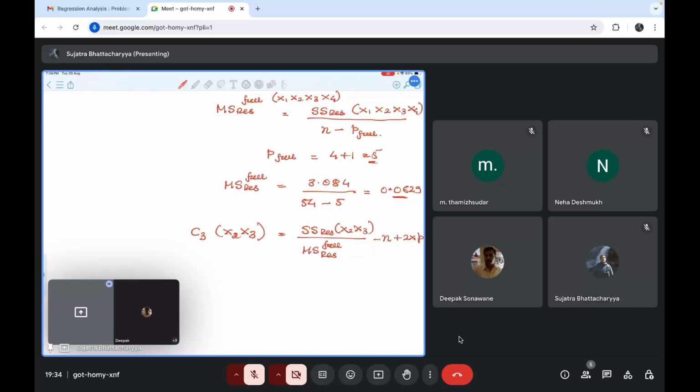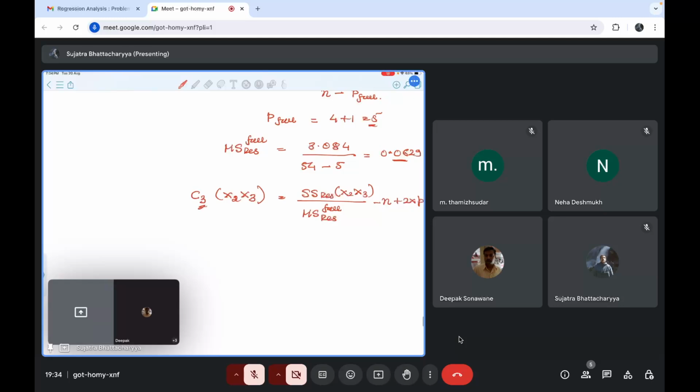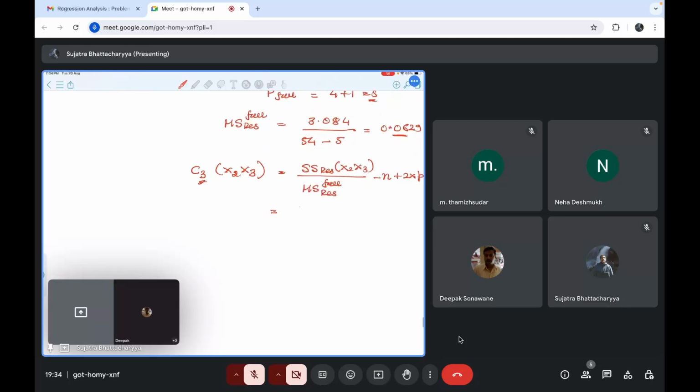P is for this model, not for the full. So 4.312 we have seen, divided by 0.0629, minus 54 plus 2 into 3.